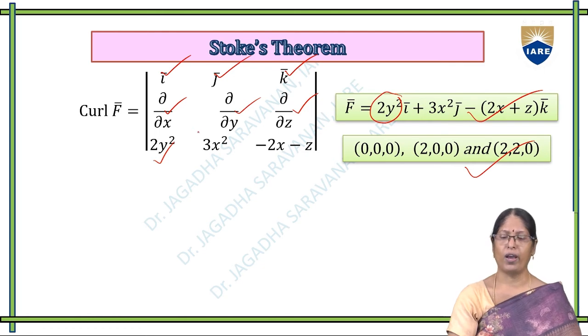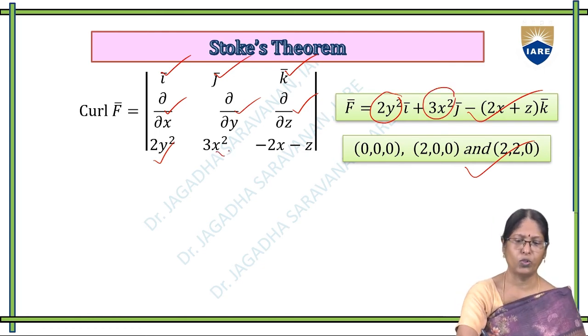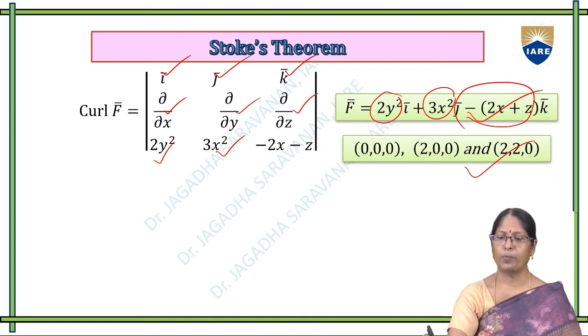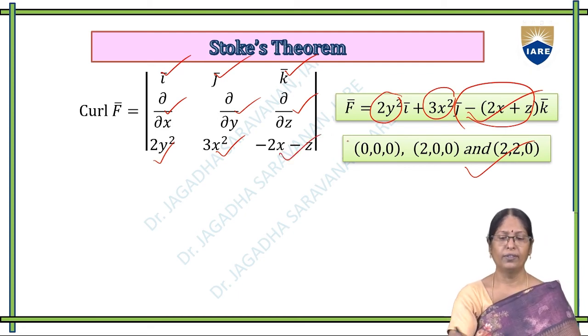Then 3x square is also placed here. The last one is k, minus of 2x plus z. Here the minus we take inside, so minus 2x minus z. We have to find this determinant.